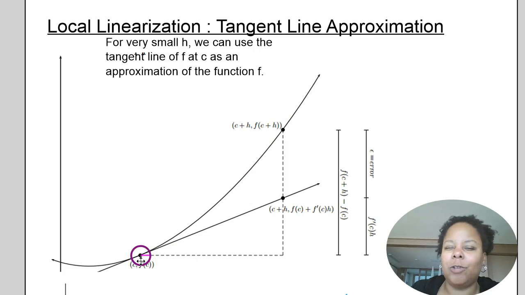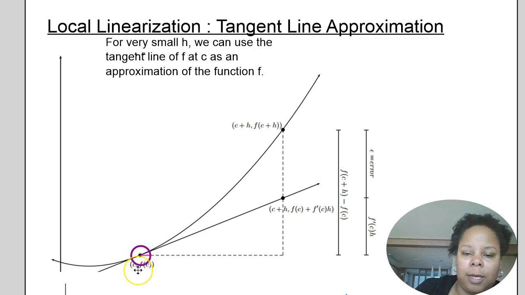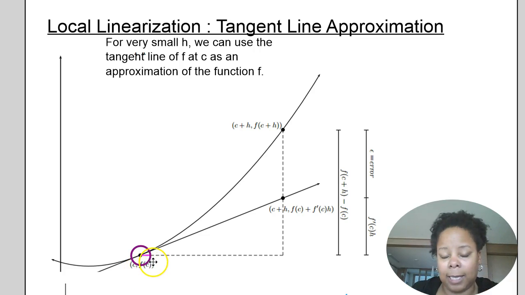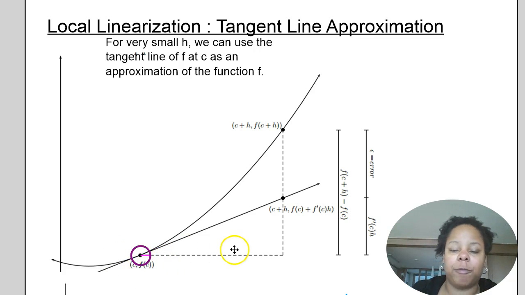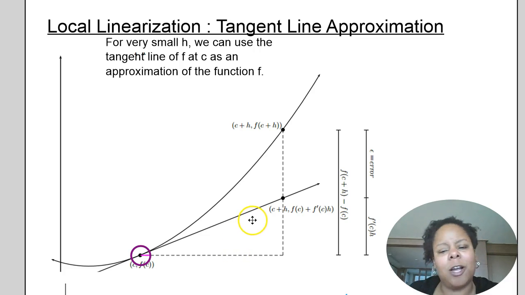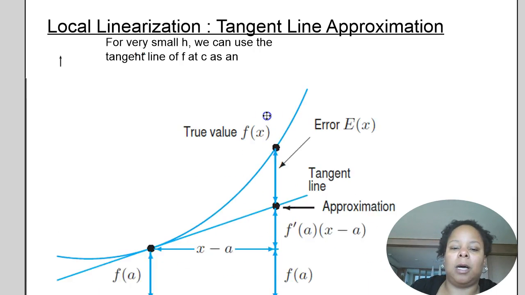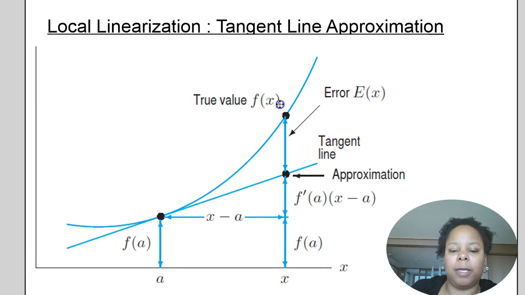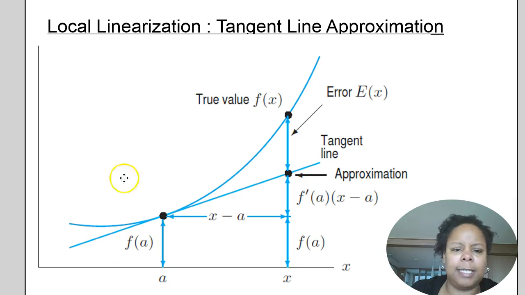And sure enough, it's only really a wonderful approximation at the point C, comma, f of C, because that's when the function values are the same for the graph and the line. But as you get further away from C, your tangent line no longer becomes such a good approximation of the graph. Another example way of looking at it is this case.